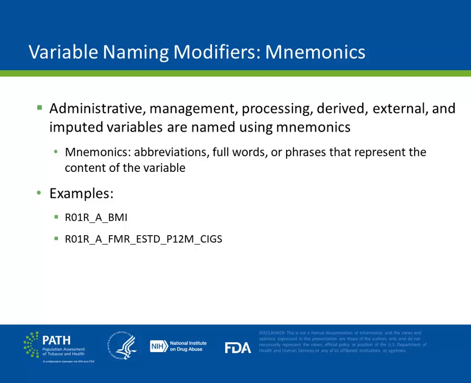For example, R01R underscore A underscore BMI represents wave 1 adult body mass index, and the second example, R01R underscore A underscore FMR underscore ESTD underscore P12M underscore CIGS represents wave 1 former established past 12-month cigarette use.